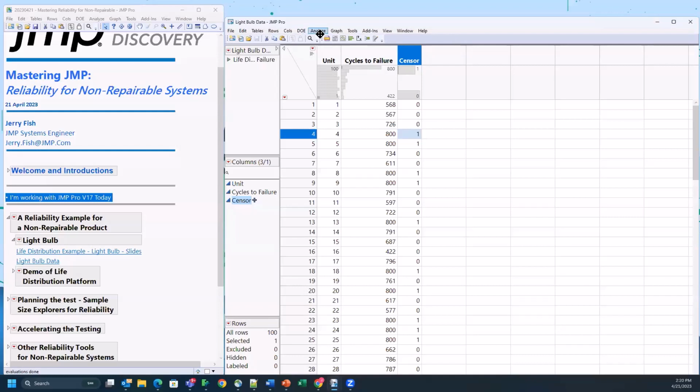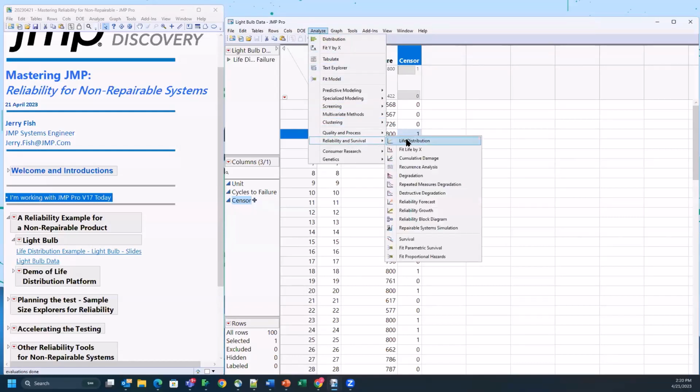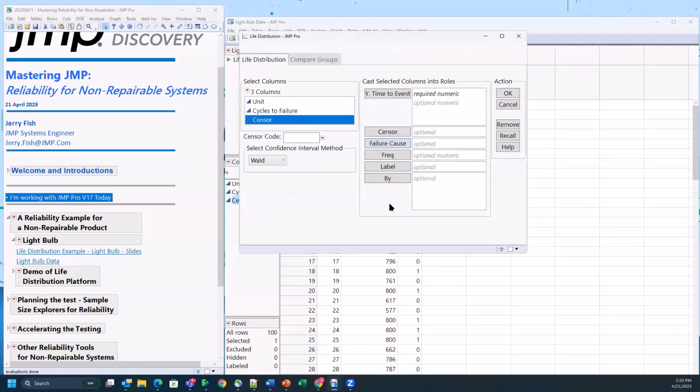Okay, so to analyze this, we're going to go to Analyze and Reliability and Survival, and then the very top one here is Life Distribution. Our time to event is cycles to failure. Now, I'll just mention here that I'm working with cycles, but it's what is stressing your product.